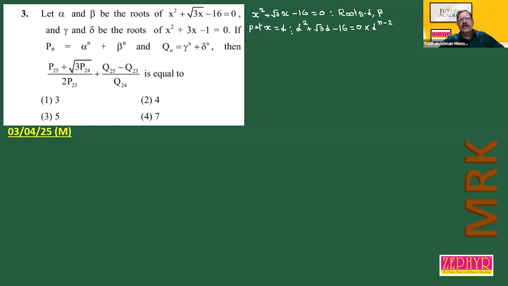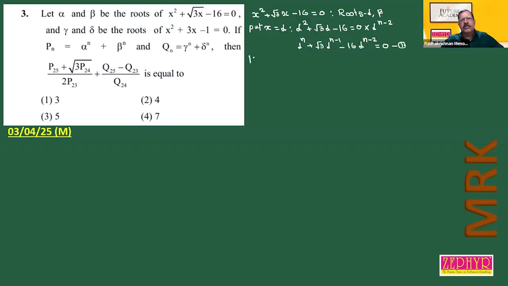So here you are getting alpha raised to n plus root 3 into alpha raised to n minus 1 minus 16 into alpha raised to n minus 2 equal to 0. This is equation 1.